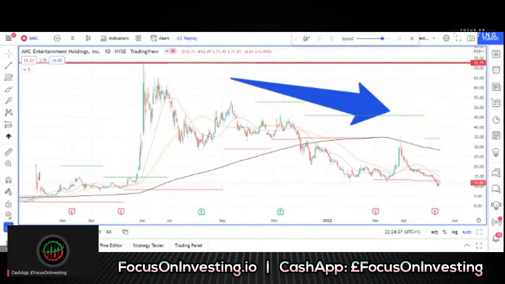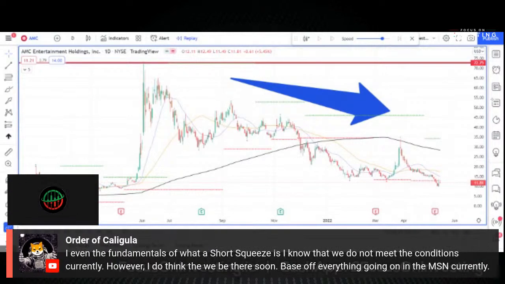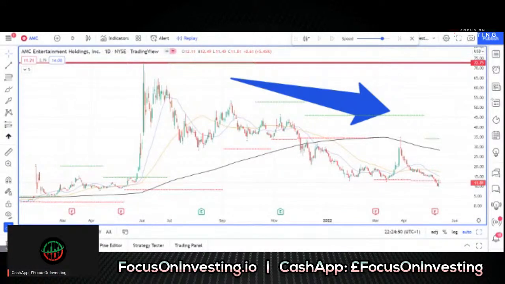But you have to understand what creates the short squeeze, right? When you're saying we do not currently meet the conditions of a short squeeze, if we don't currently meet the conditions of a short squeeze, then there is no short squeeze, right?